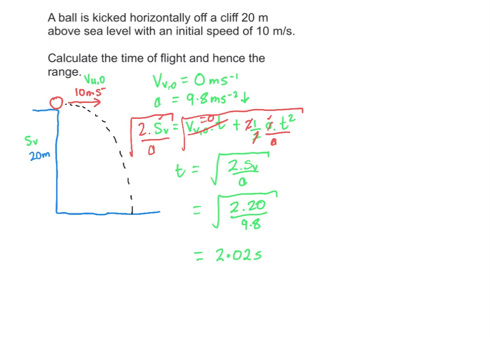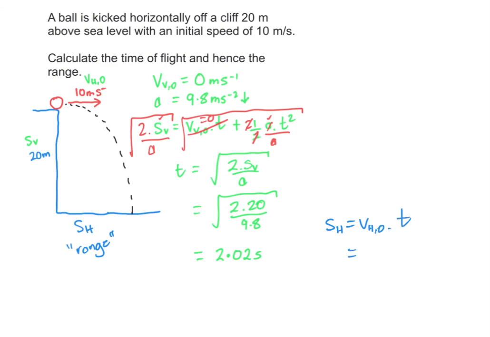And then we want to work out the range, which is the horizontal displacement. So sh, the range, is equal to vh, that's constant, the same as the initial horizontal velocity, times by time.